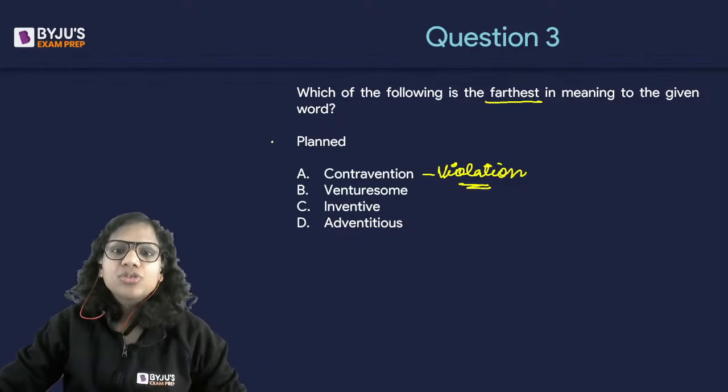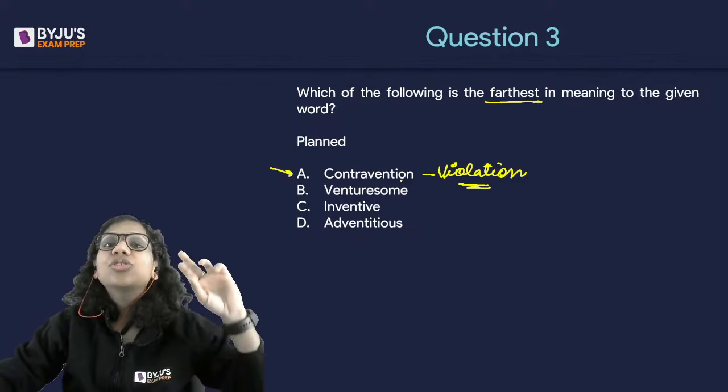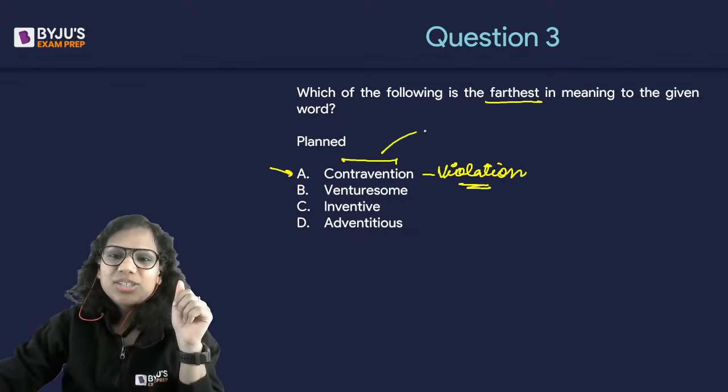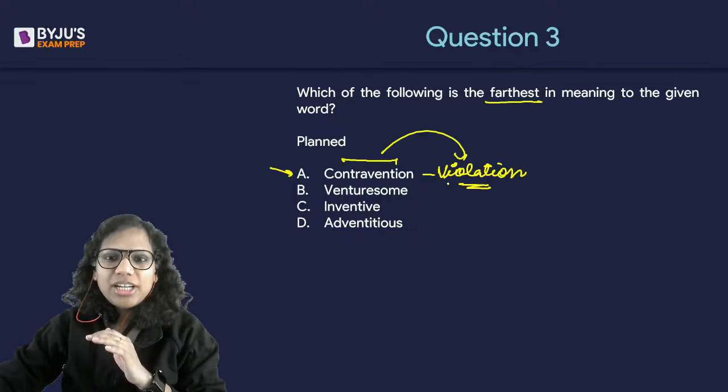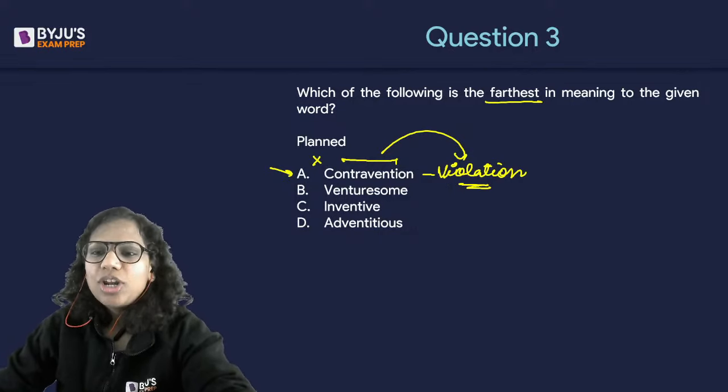For instance, how did I explain the meaning to you? I recalled a sentence: when you're in contravention of some rules, you have violated those rules. So I recalled, oh, I read it in this context, so this is the meaning. You get it? So A cannot be the answer. A means violation. We are looking for unplanned.